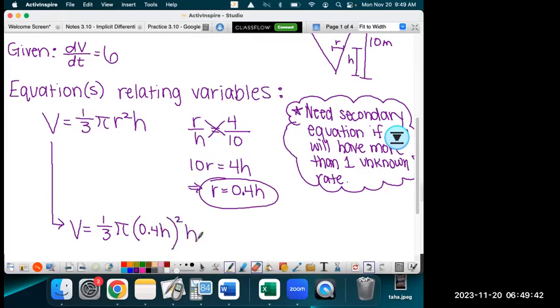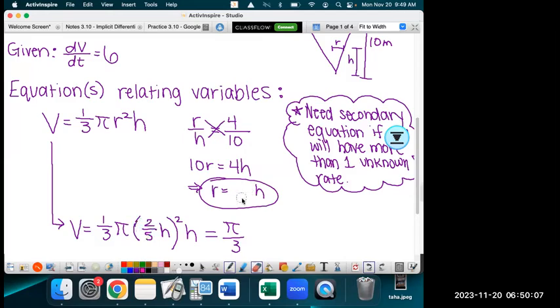All right, go ahead and simplify that. And we get, let's see, pi over 3. 0.4 squared is going to be 0.8. I guess I'll leave this as 2/5 instead of 0.4.